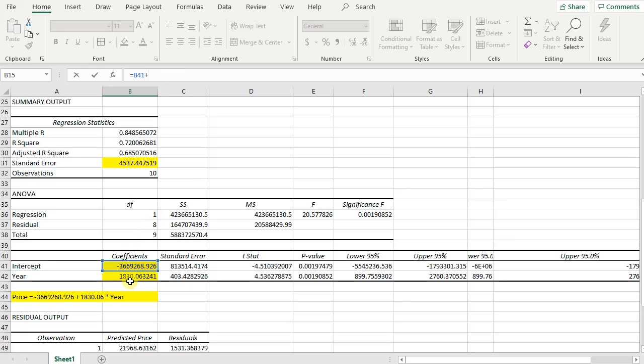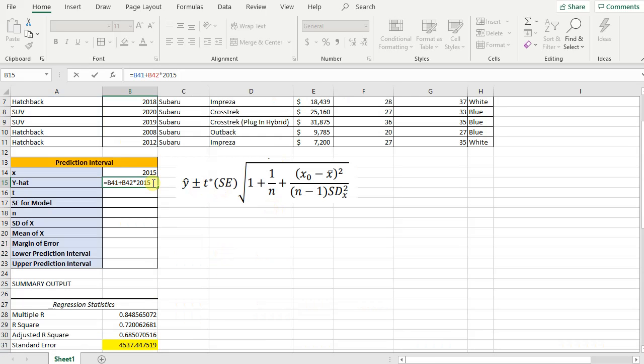Plus this year coefficient times, what was my year? My year was 2015. I can type in 2015 and press enter, or I could delete 2015 and just use that cell reference too.